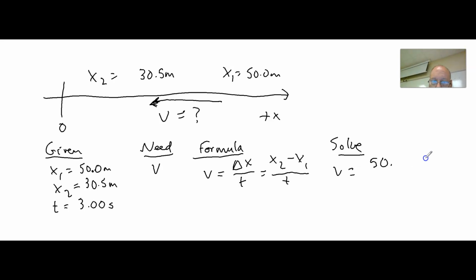So my final position is not 50 meters. Why might I make that mistake? Because we're used to thinking of things further over on the right as occurring later. But in physics, we can have things that occur later towards the left. So my final position is 30.5 meters minus my initial position, which is 50.0 meters, divided by 3.00 seconds.